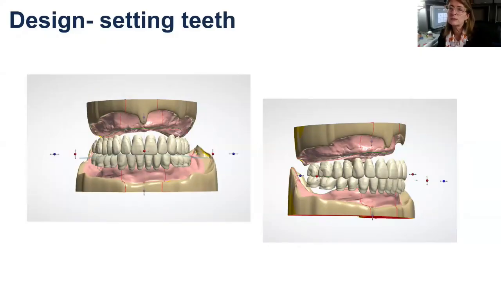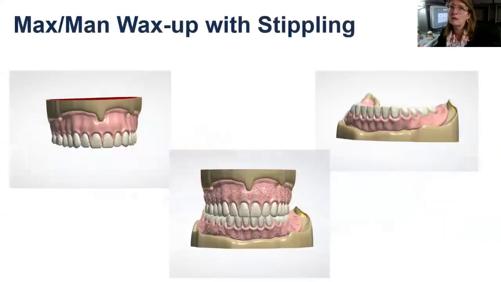I thought these were some really cool images to share with you if you haven't had an opportunity to see them. They can move as a set, or they can individually move each of the denture teeth as well in the design part. So the dentures can be designed to be smooth or to be festooned and stippled.